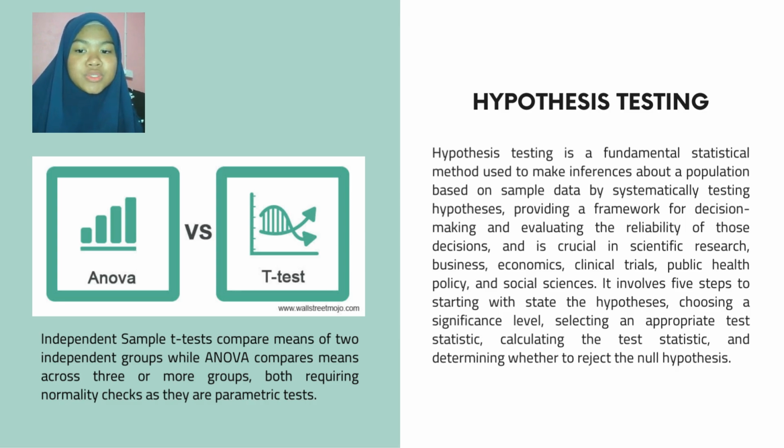Then choose an appropriate test statistic like t-test or ANOVA based on the data and hypothesis. After that, calculate the test statistic using sample data and compare the test statistic to a critical value or use a p-value to determine whether to reject or fail to reject the null hypothesis.